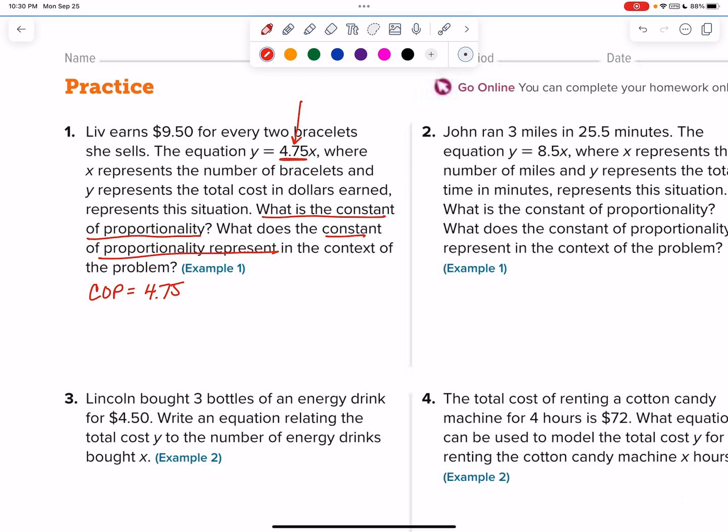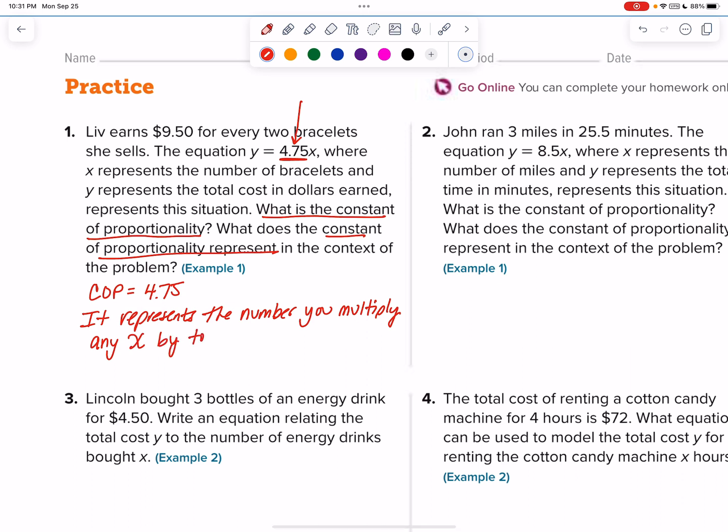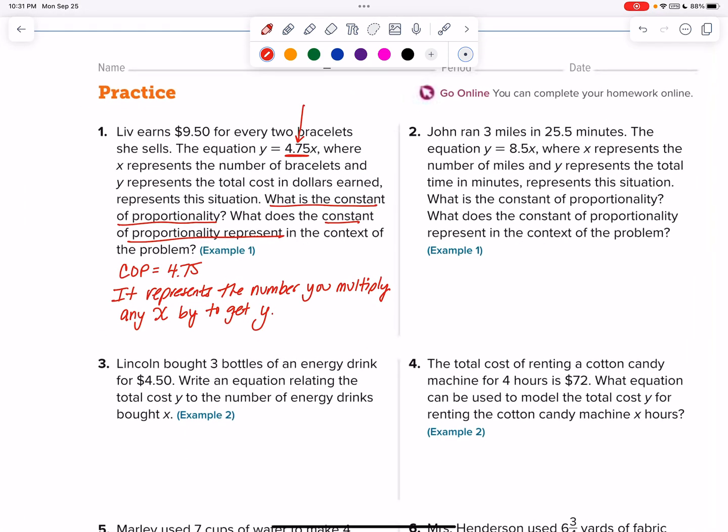We need to say it represents the number you multiply any x by to get y. Okay, so that's what that means.